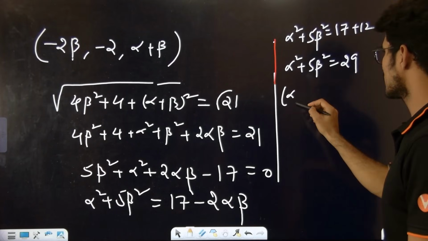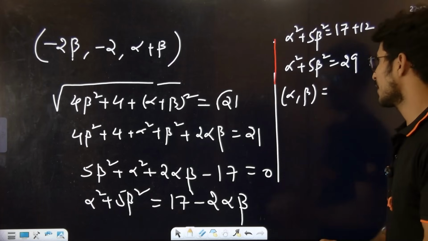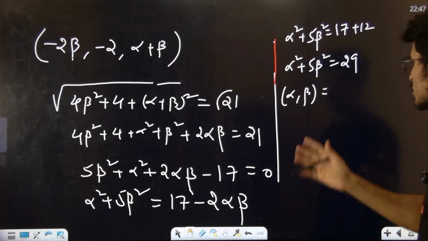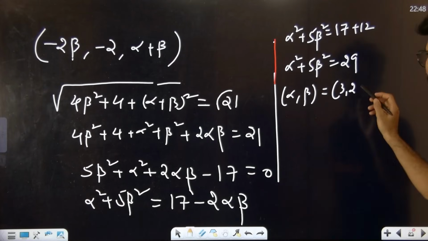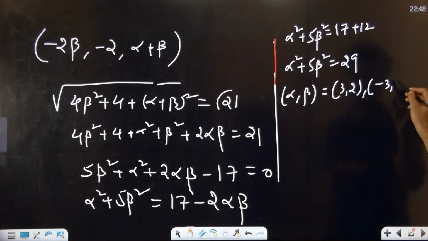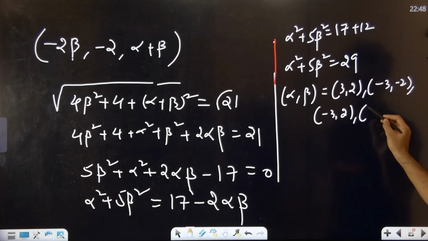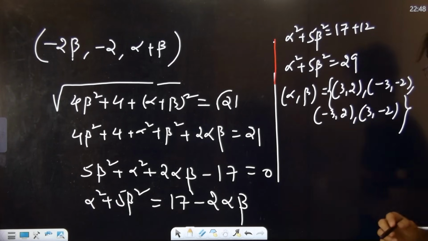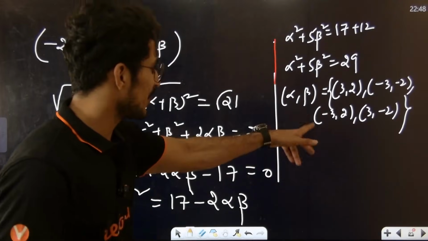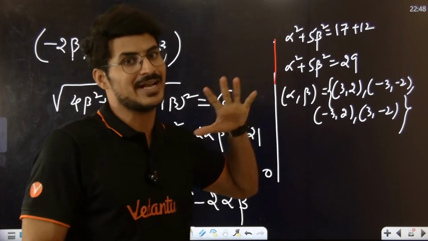What are the alpha beta values? 3 square 9, 2 square 4. 3 comma 2 is one possibility, minus 3 comma minus 2 one possibility, minus 3 comma 2 one possibility, and 3 comma minus 2 one possibility. 3 square is 9, 2 square is 4, 4 fives are 20, 20 plus 9 is 29, sir.